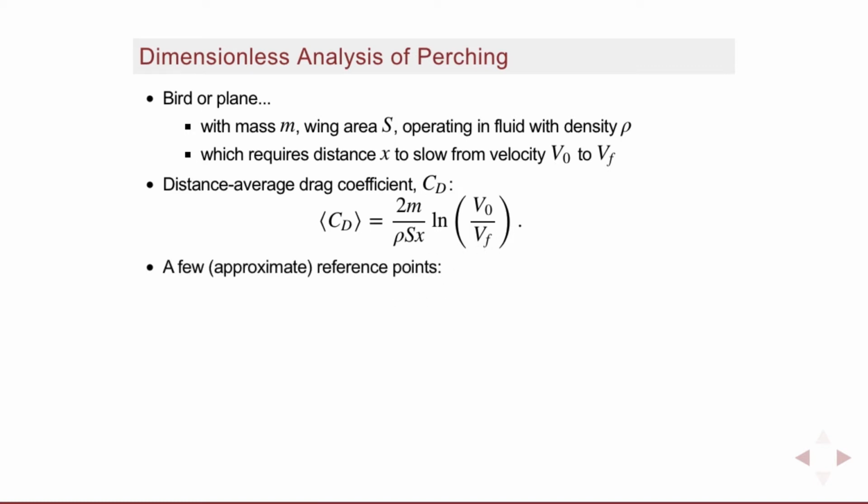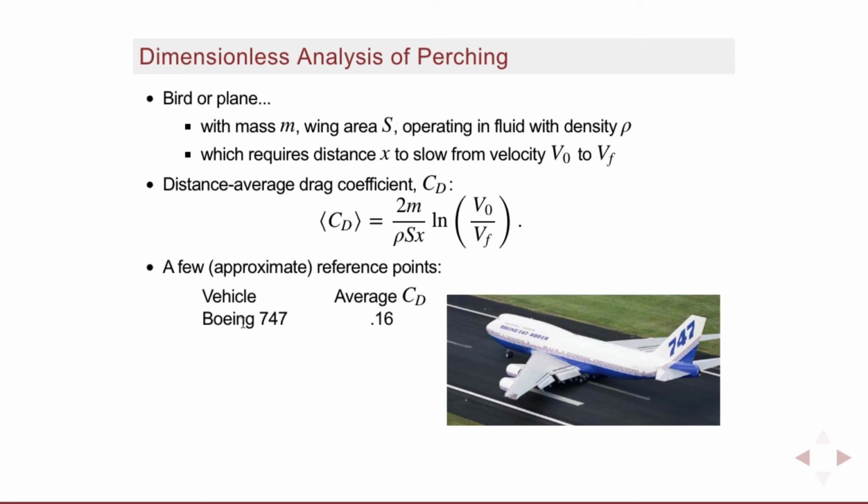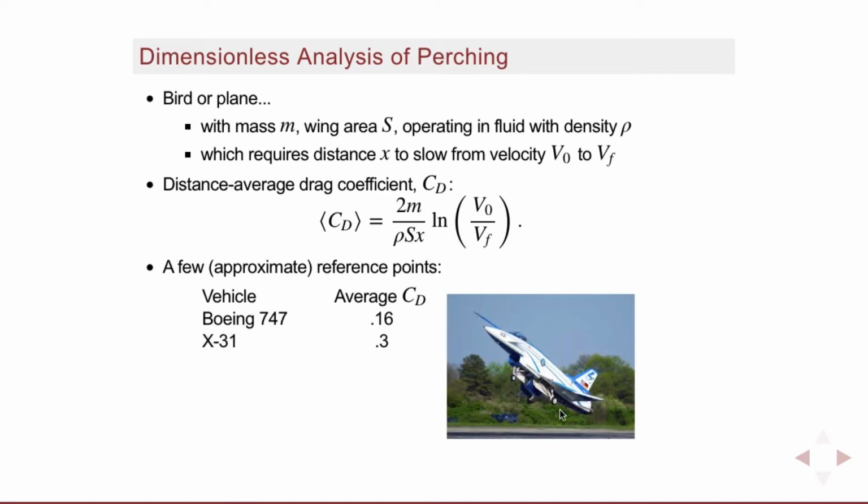All right, let me give you a couple of reference points. A standard Boeing 747 doing a runway landing, let's say at Logan Airport here in Boston, will get an average drag coefficient of about 0.16. Now there's been a lot of great work on super short runway landings by fighter jets.